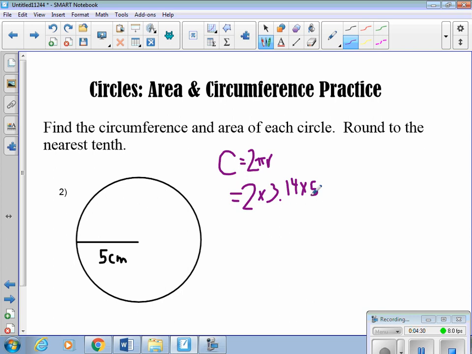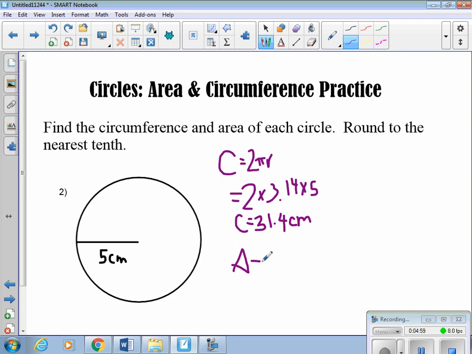And when I just put that in a calculator, I am going to get that the circumference equals 31.4. This is centimeters, so I can't forget my units. So 31.4 centimeters is my answer. And that's it for circumference. And I'm ready to find the area.